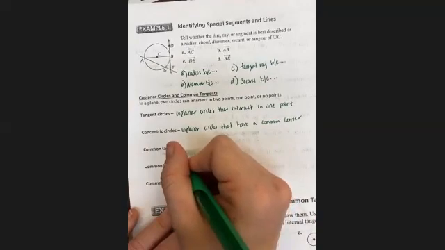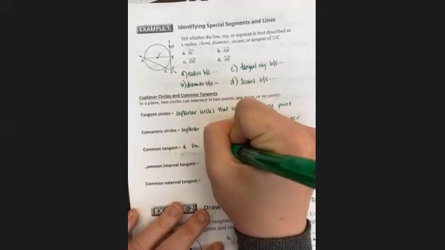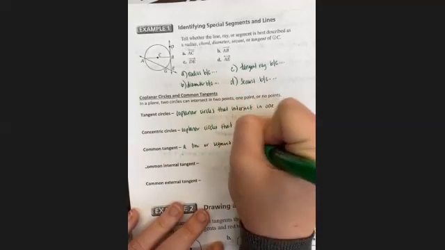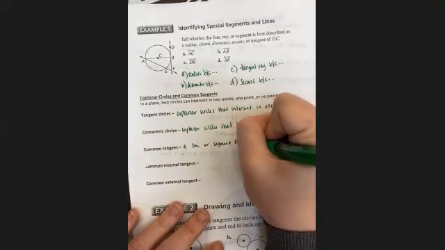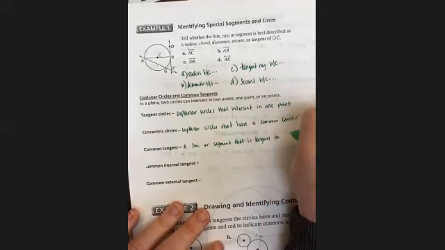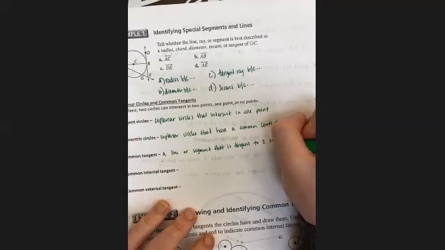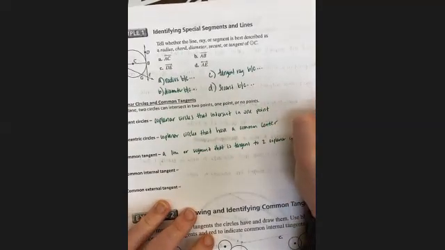Common tangent is a line or segment that is tangent to two coplanar circles.